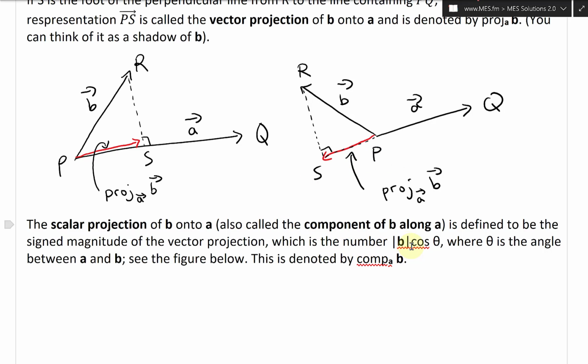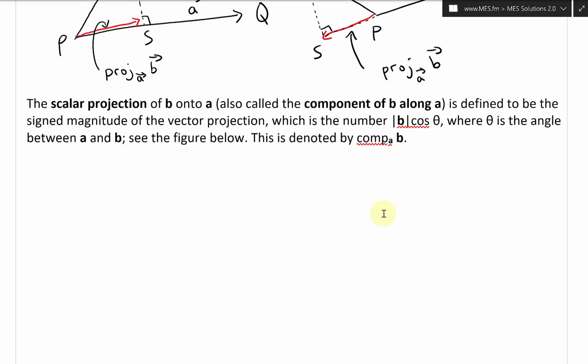Yeah, the number which is length B cosine theta, where theta is the angle between A and B, and see the figure below. And this is denoted by comp, or component, and then subscript A vector, and then B vector, like that.